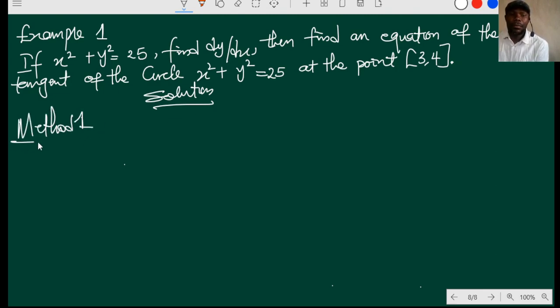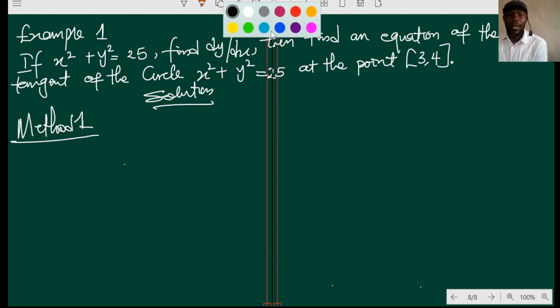In the process of this, let me draw a longer line to divide the page into two.